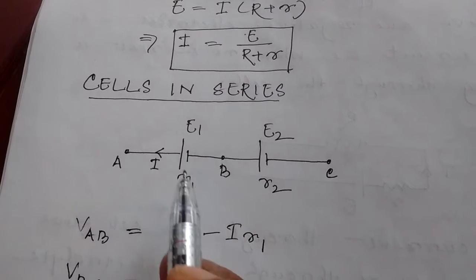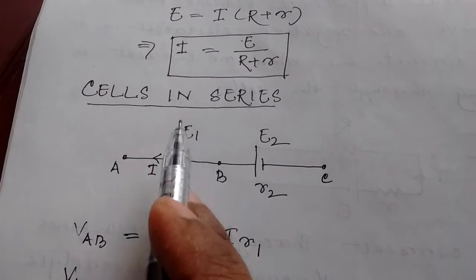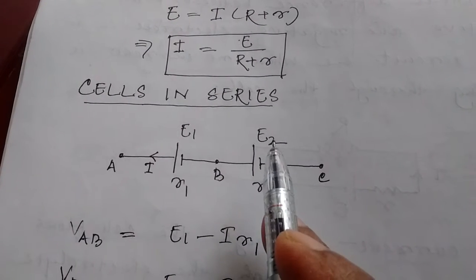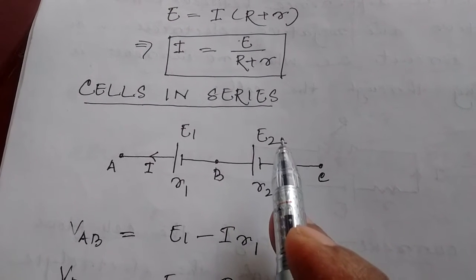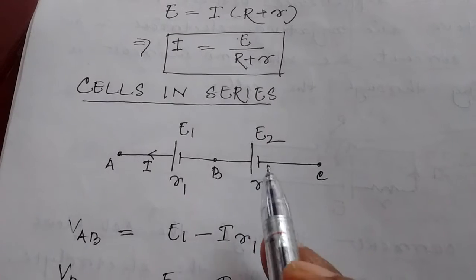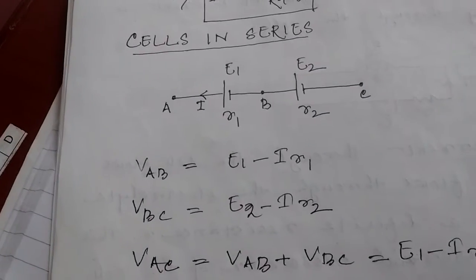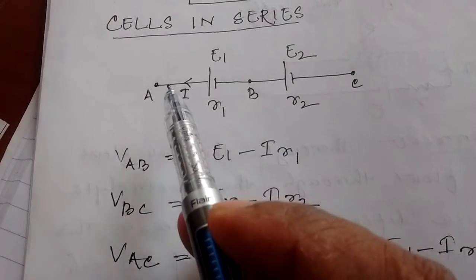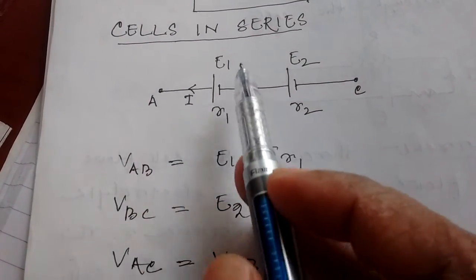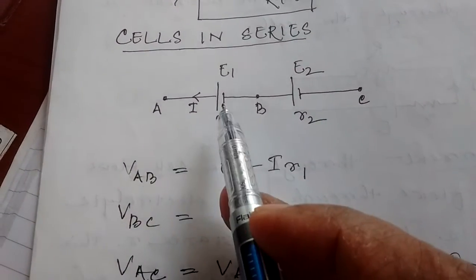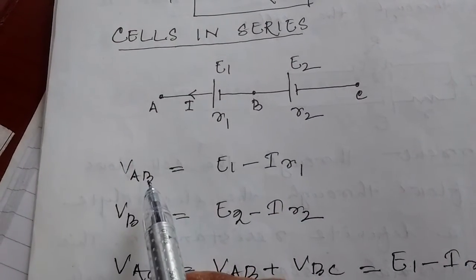Here cell 1 has an EMF of E1 and internal resistance of R1. E2 is the EMF of the second cell and its internal resistance is R2. Now look, between points A and B this cell is connected, so it will provide a potential difference of VAB.